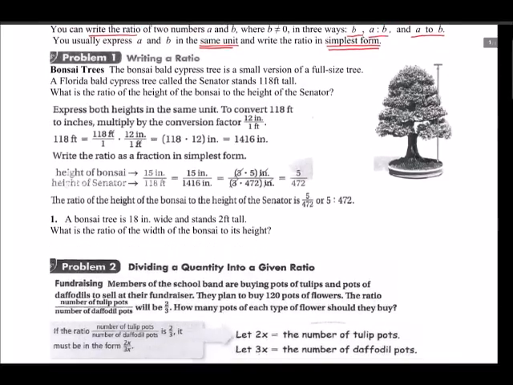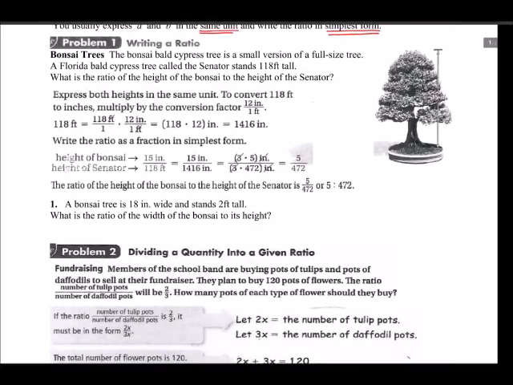So let's look at an example here, writing a ratio. Bonsai trees. A bonsai bald cypress tree is a small version of the full-size tree. So in Florida, there is a bald cypress tree called the Senator that stands 118 feet tall. And our picture over here is kind of hard to see. This is our little bonsai tree, and it stands 15 inches tall.